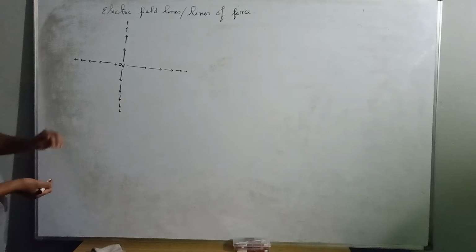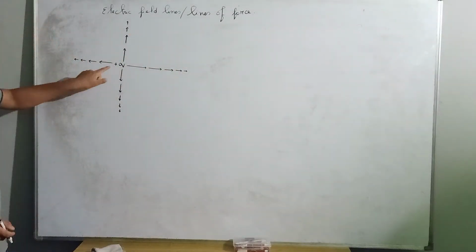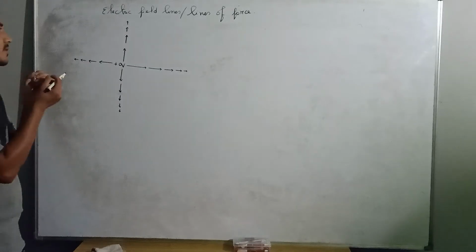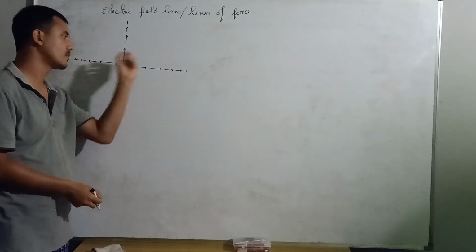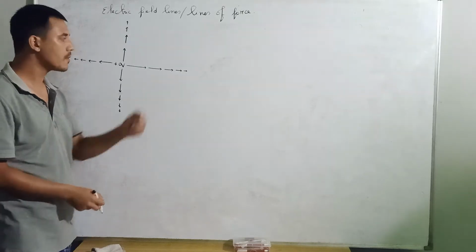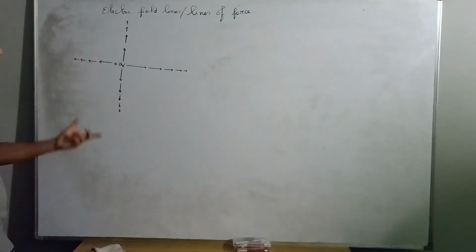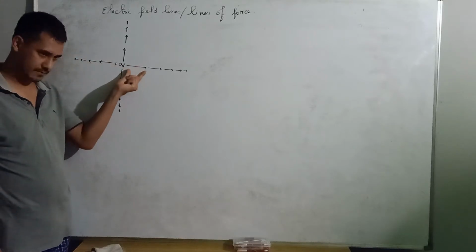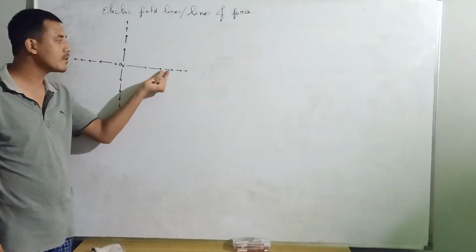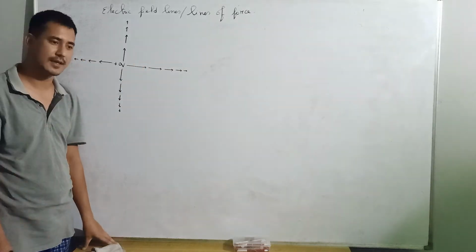The arrowhead is pointing outwards, so the electric field for a positive charge will be in the outward direction. The arrowheads represent the direction of the electric field, and the length of the arrow represents the magnitude of the electric field.